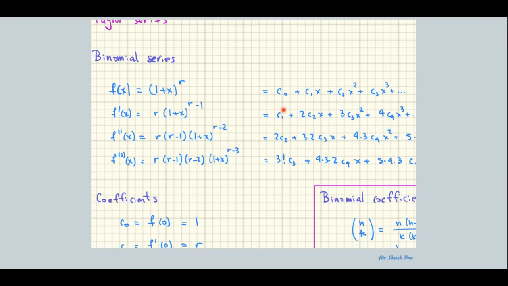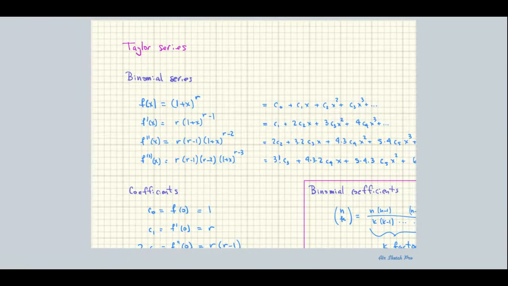Over on the series side, the C1 vanishes, 2C2 comes down as a constant, 3 times 2 C3 comes down, 4 times 3 C4 comes down, but now the x power is 2 less, right? And if I were to continue, I get 5 times 4 times C5, x cubed.